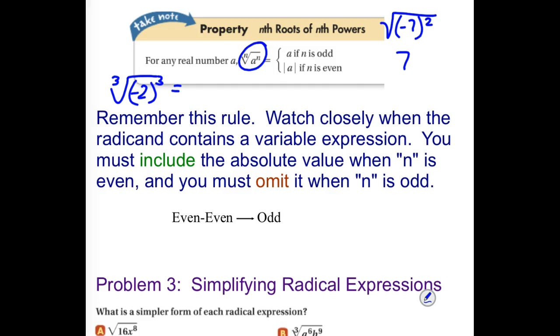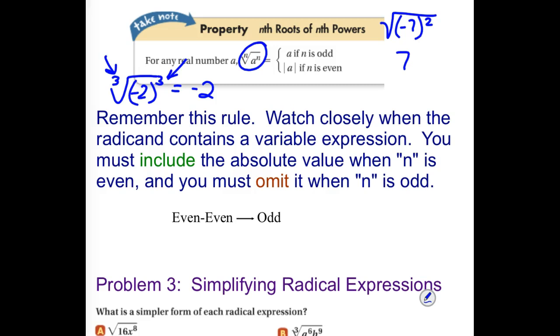I take -2 and cube it, I get -8. And earlier we did the cube root of -8, and we said we come up with -2. So something like this, when it's an odd root, if those match, they cancel each other out. We're back to what we started with, in this case, a -2.